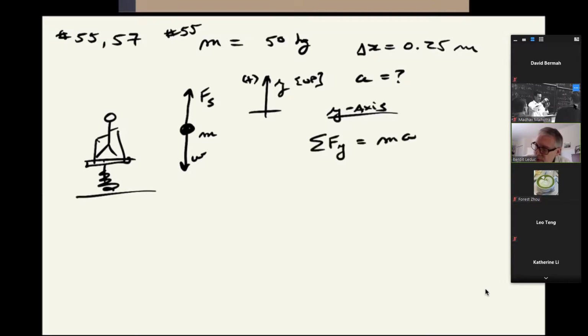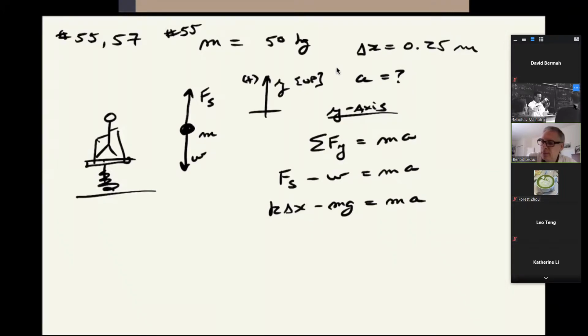That's what you're looking for. You have Fs minus the weight equal to ma. So this is equal to k delta x minus mg equal to ma. You just plug all the values in and bingo. Is that okay, Madav? You good for number 55?